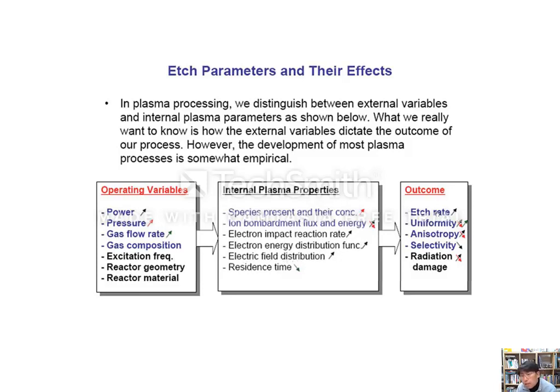Then at the end, your etch rate likely increases. Uniformity will increase, and isotropy will increase. Your selectivity will go down, and your radiation damage will go up. So there are those kinds of ideas, if you just check how the outcomes look.